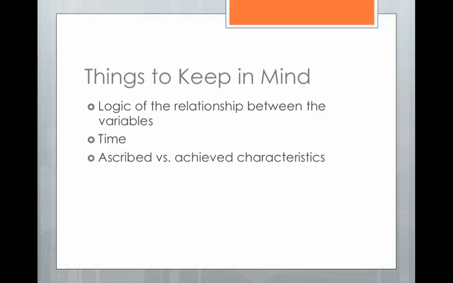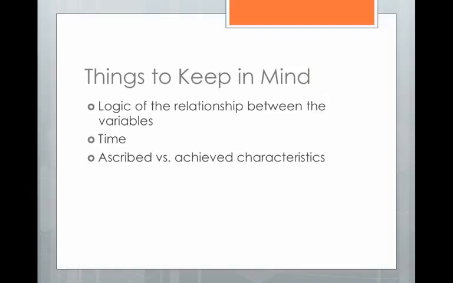Those are things that you can't change, or location of a school in our third example. So ascribed characteristics have to come first. They have to come before the achieved characteristics. The achieved characteristics are things that can be added later or can change in a much easier way.